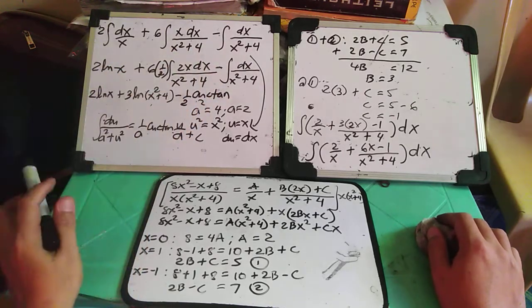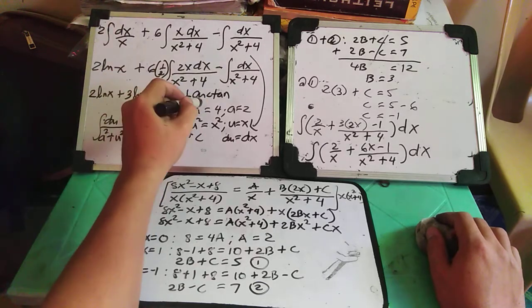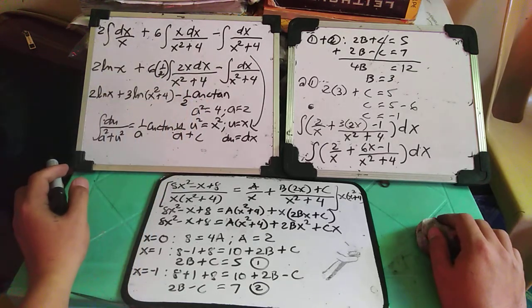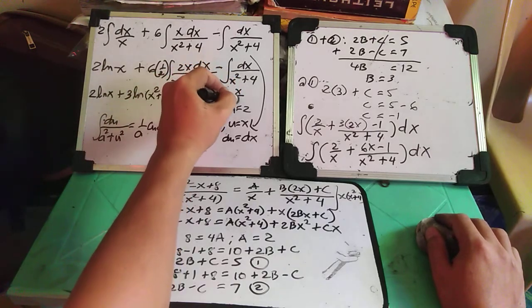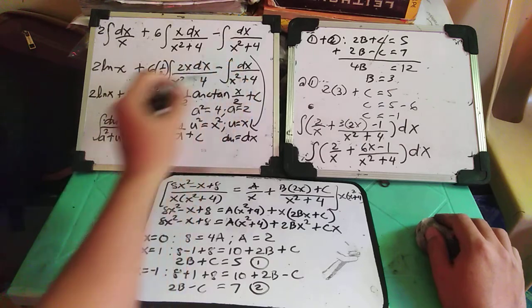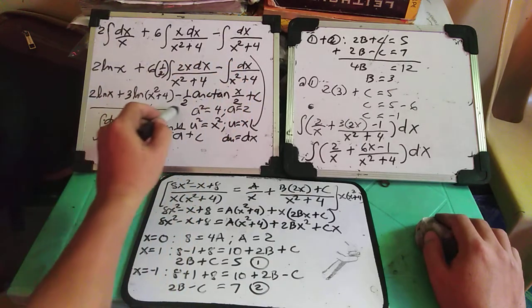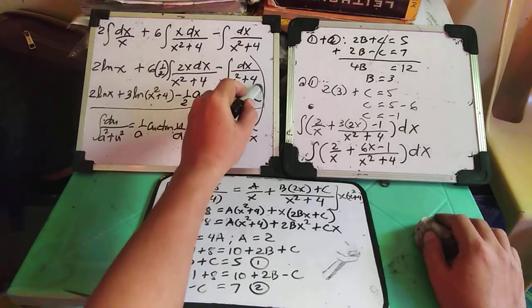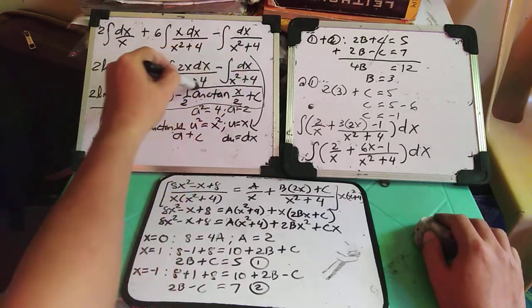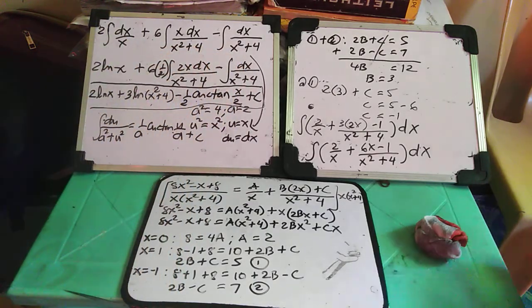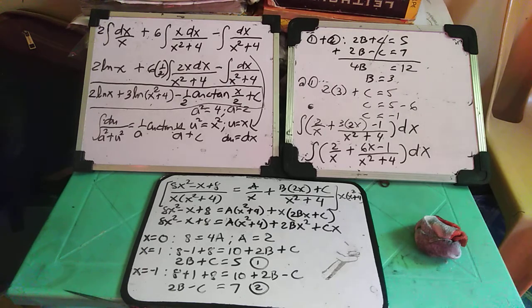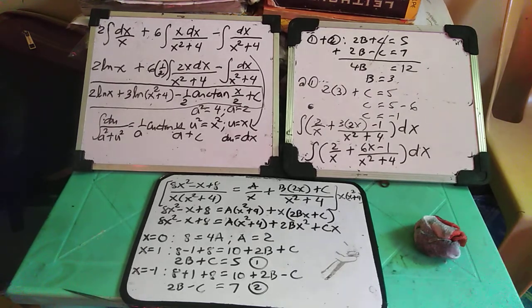Remember the formula for du over a squared plus u squared is equal to 1 over a arctan u over a plus c. So since du equals dx, we integrate by the formula for du over a squared plus u squared.